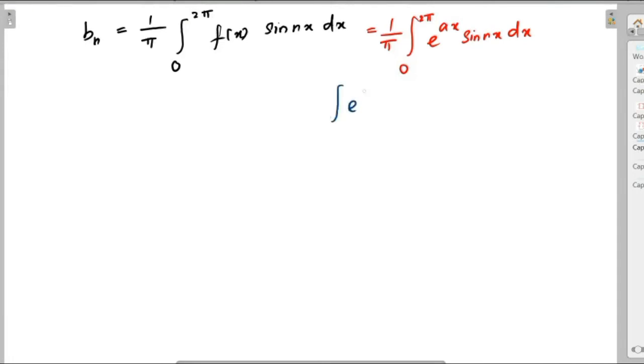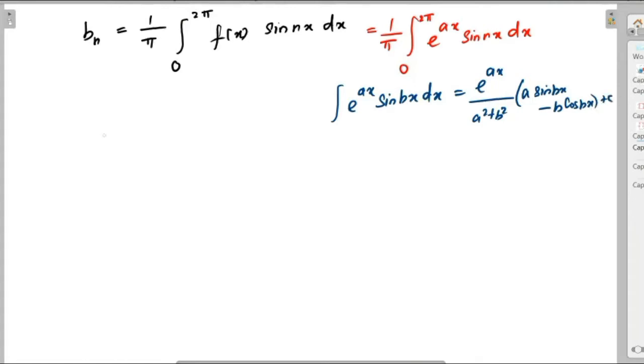Integral e power ax sin bx dx equal to e power ax divided by a square plus b square into a sin bx minus b cos bx plus c.